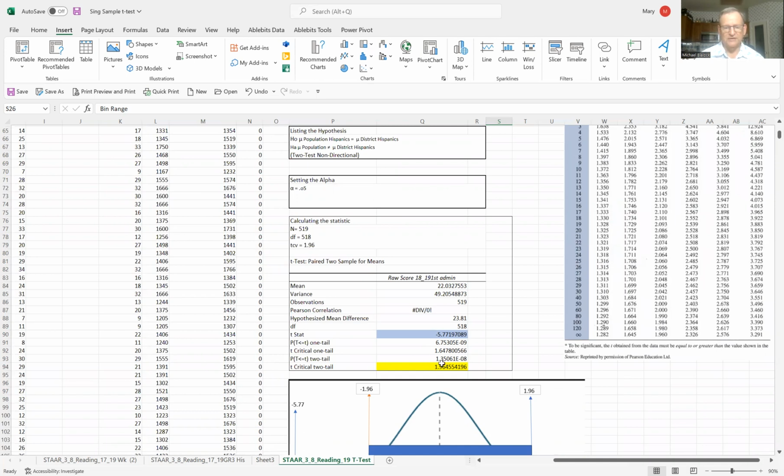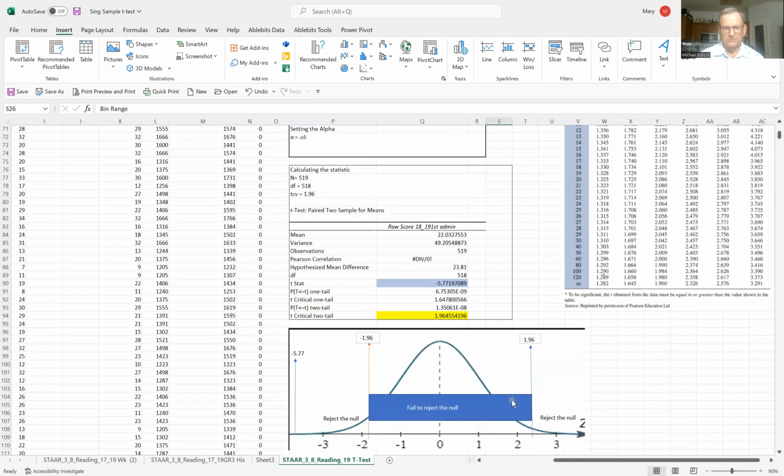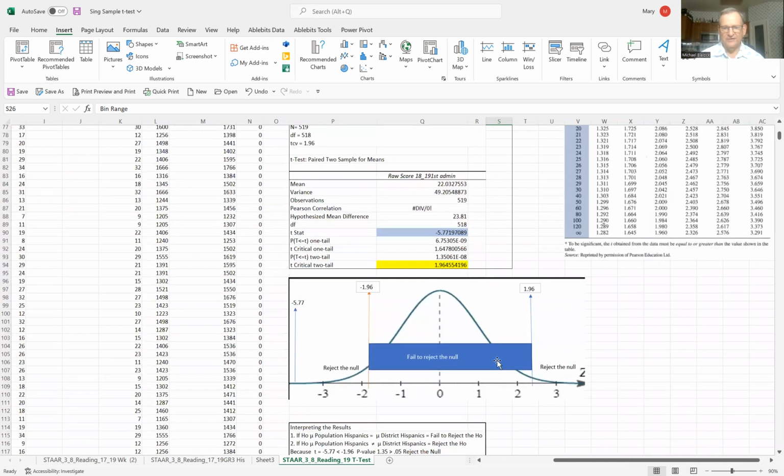Again, the critical value for the two-tailed test was 1.96, which matched up with the chart. So when we put that on the graph, and we thought we would see if we were to fail to reject the null, it would fall between 1.96 and negative 1.96.